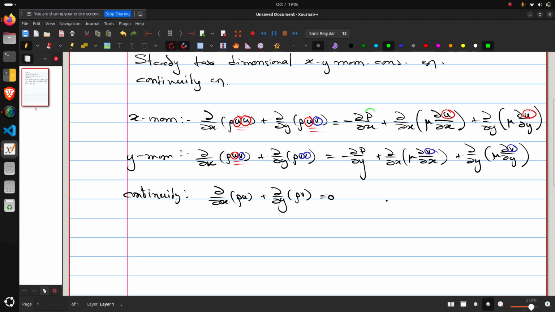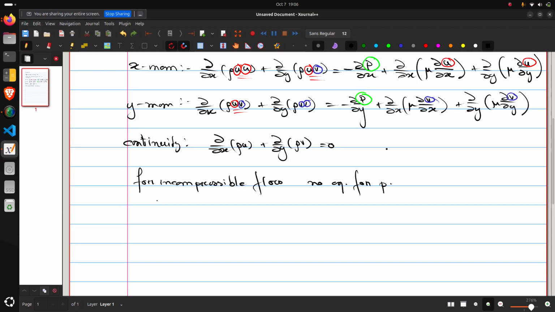And what about this pressure term? The pressure term is also an unknown, right? In a flow field, if we have an incompressible flow, if you remember, for incompressible flow there is no equation for pressure, right? But for compressible flows, we can have the PV equals mRT relation.